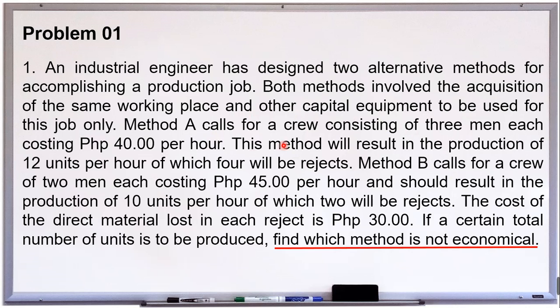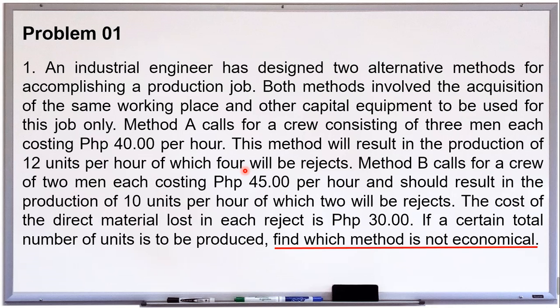Now, this problem is an example of the selection of alternatives for the present day economy, in which we are only concerned with the initial cost of the alternatives. We did not consider the effects of the interest rate of the money.